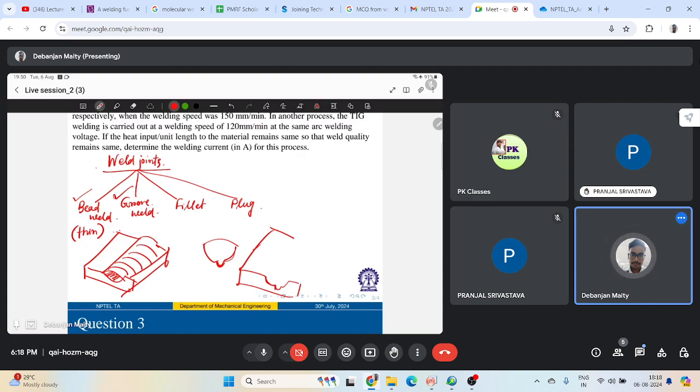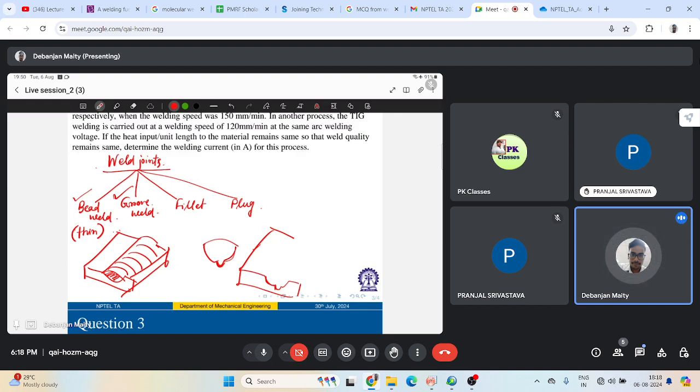When do you want to use fillet welds? Fillet welds can be used for configurations like T joint, lap joint or corner joints, right? And they also do not require any special edge preparation.